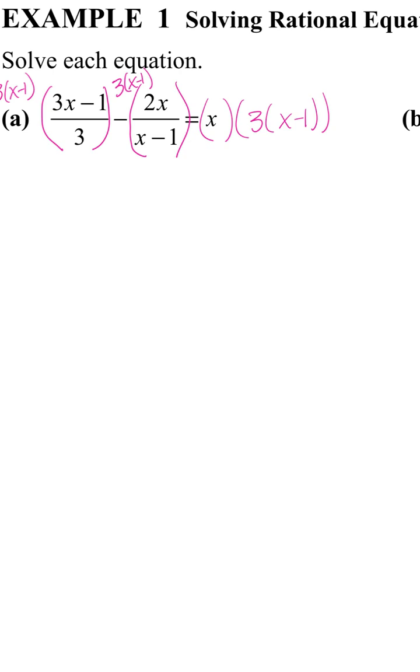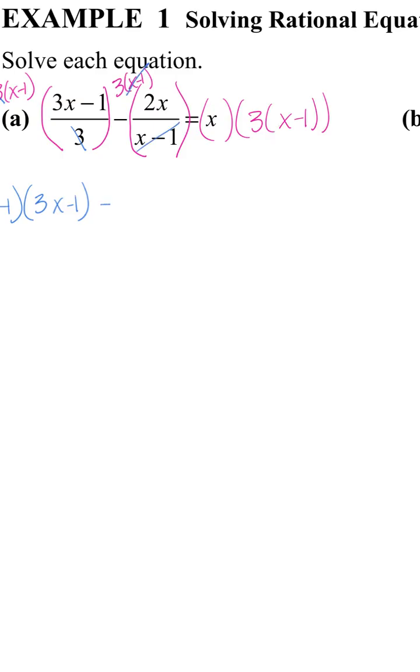All right, so now when you multiply 3 times x minus 1 times the first fraction over 3, the 3's cancel out. And you're now left with x minus 1 times 3 times x minus 1. Now when you multiply 3 times x minus 1 times the second fraction, your x minus 1's cancel.